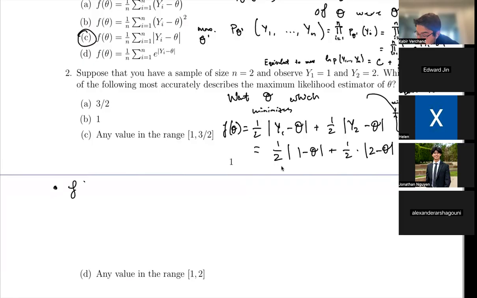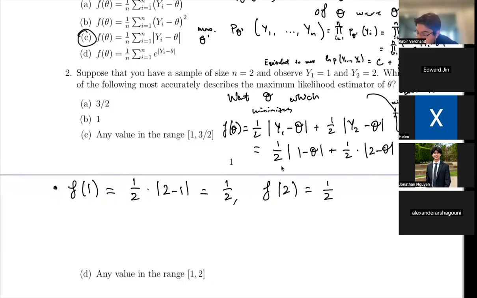Note that f of 1 is equal to 1/2 times 2 minus 1, which equals 1/2. And the same thing, f of 2 is equal to 1/2. So we know that for any value theta, if we get a value of f which is greater than 1/2, there's no way it can be the minimizer.